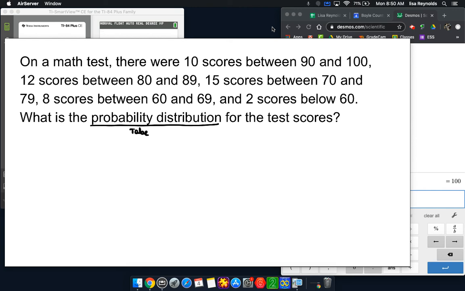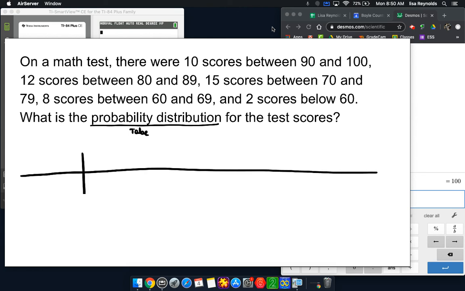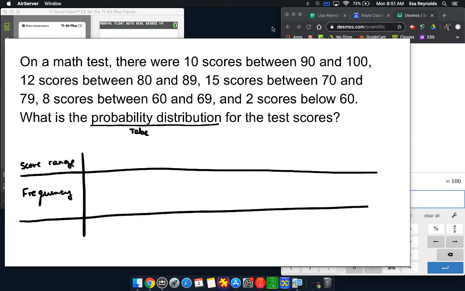We're going to start out and look at our score range. For each of those, we have a frequency, and for each of those, we have a probability.